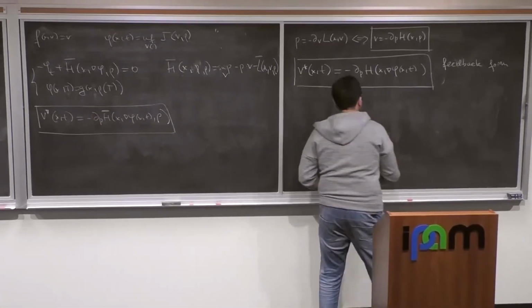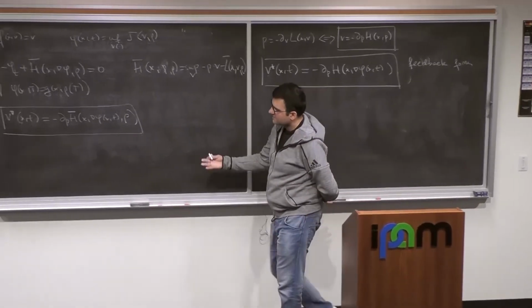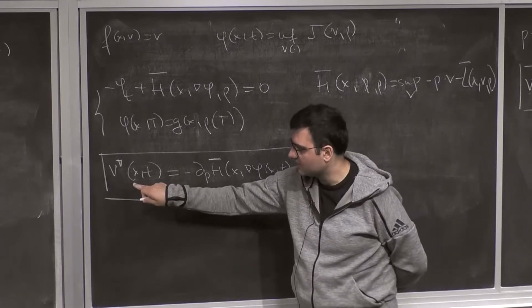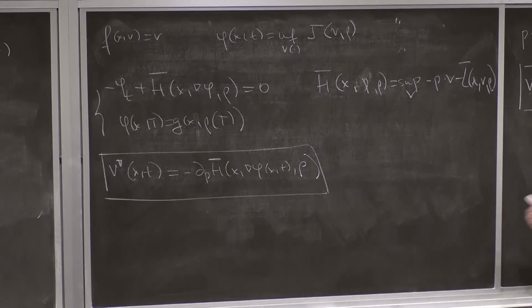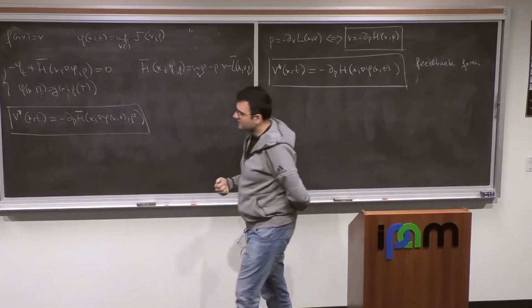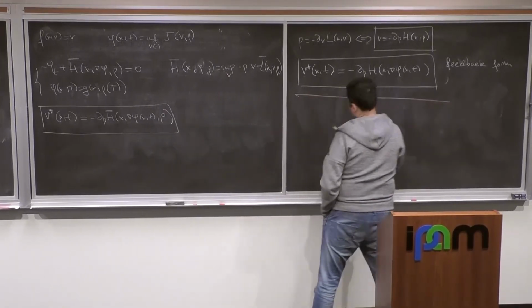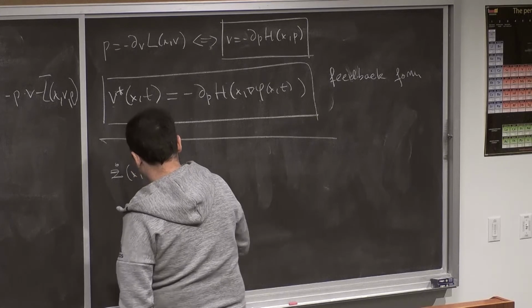Okay, so now let's say all agents start to act according to these optimal policies or optimal controls. Then the dynamics of the agents will be given according to the following formula, right?